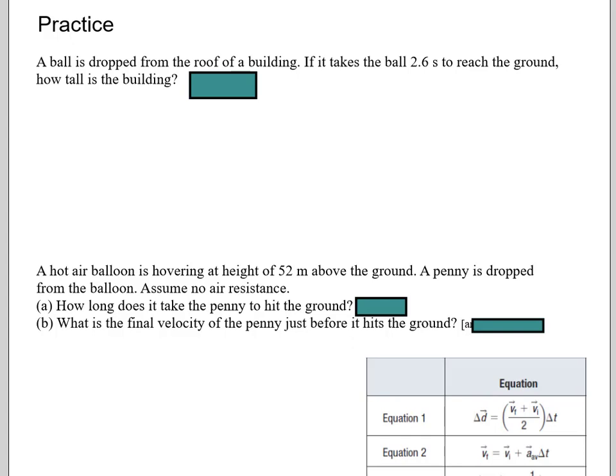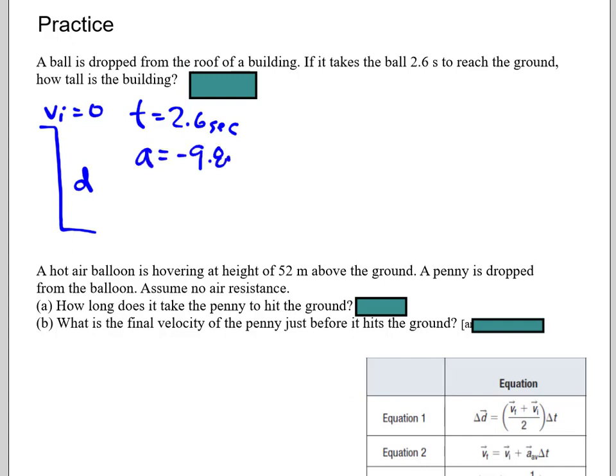A ball is dropped from the roof of a building. It takes 2.6 seconds to reach the ground. How tall is the building? So we're looking for D. We have a VI of 0. We don't need VF. We have a given T value of 2.6 seconds. And we have an acceleration of negative 9.8 meters per second squared. So I need an equation that ties those together.